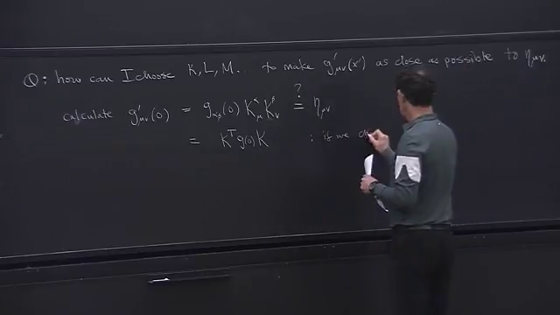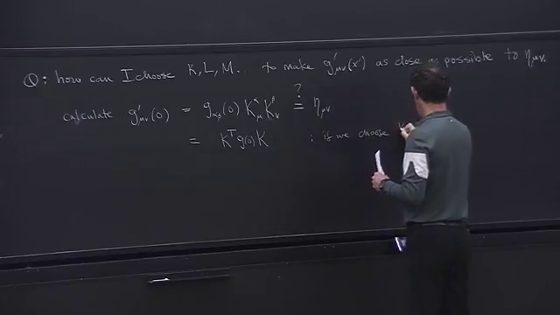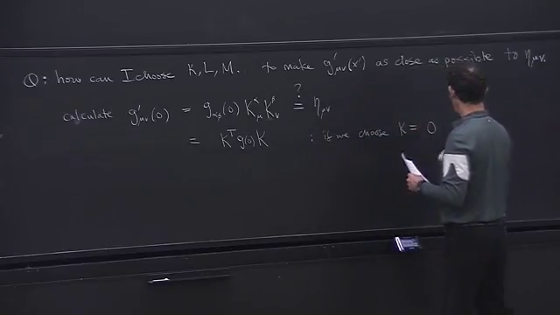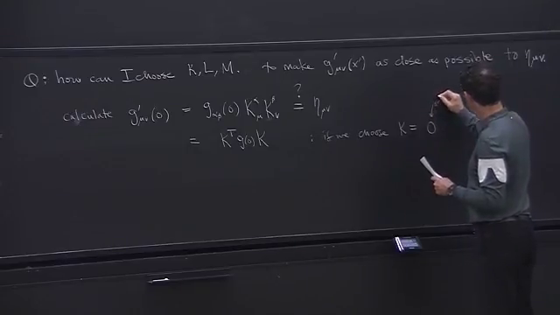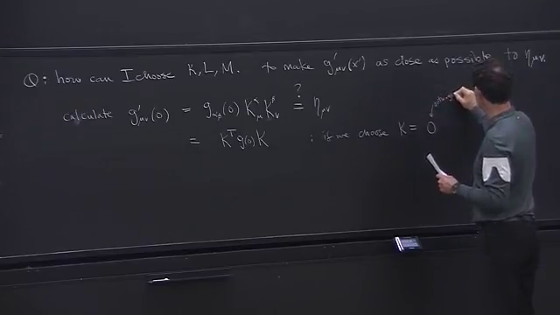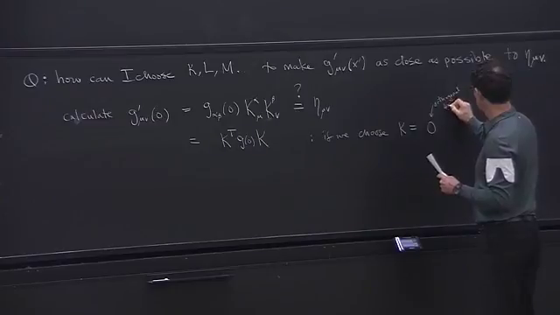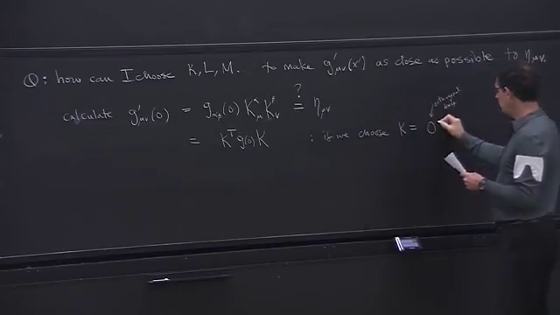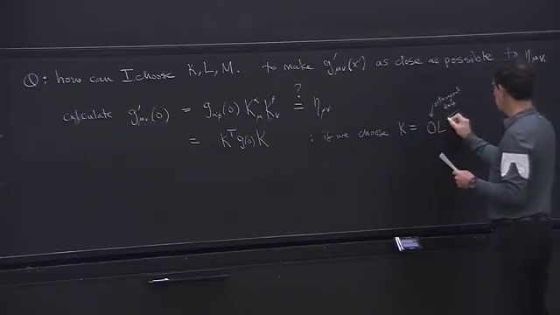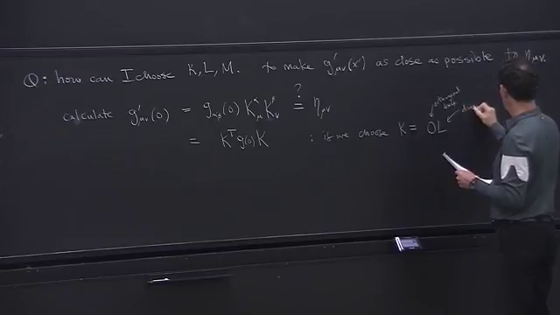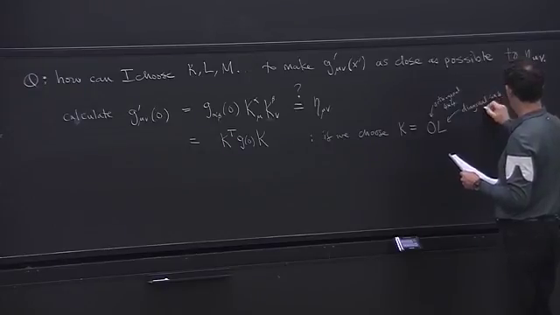So if we choose K to be an orthogonal matrix, and L, which will be a diagonal 4x4 matrix.